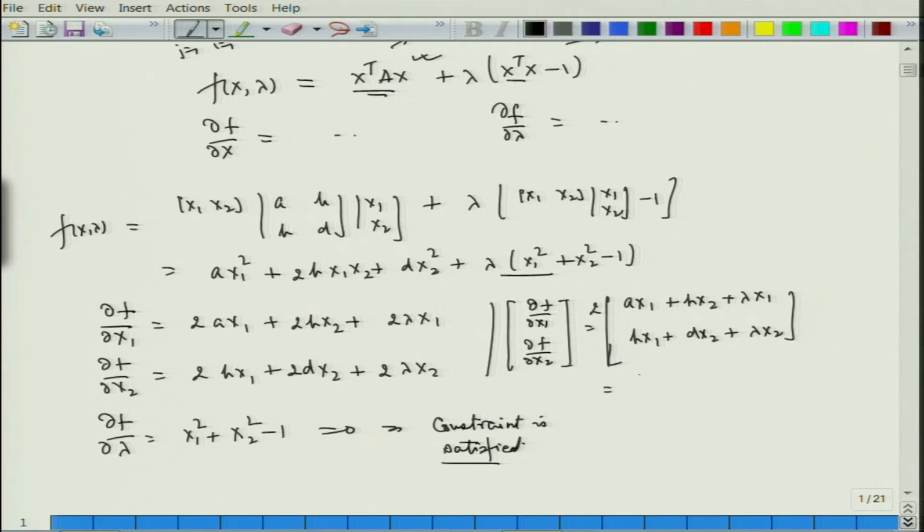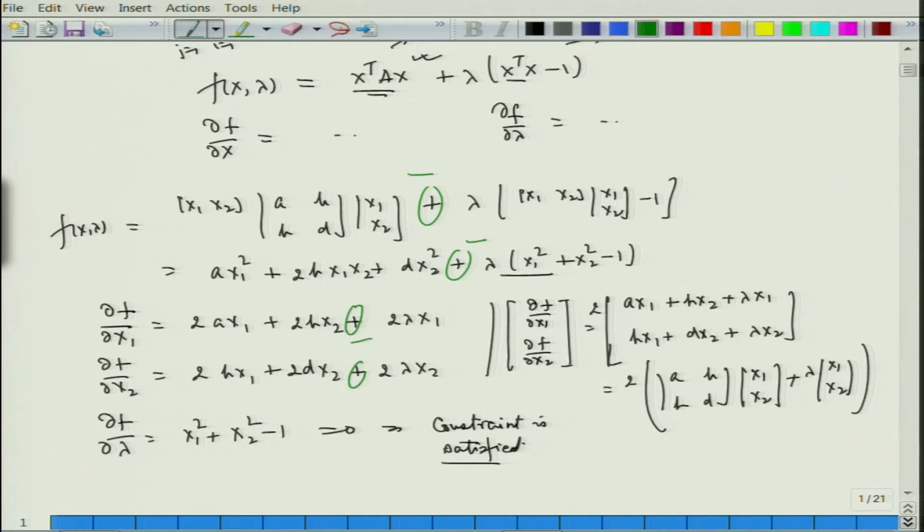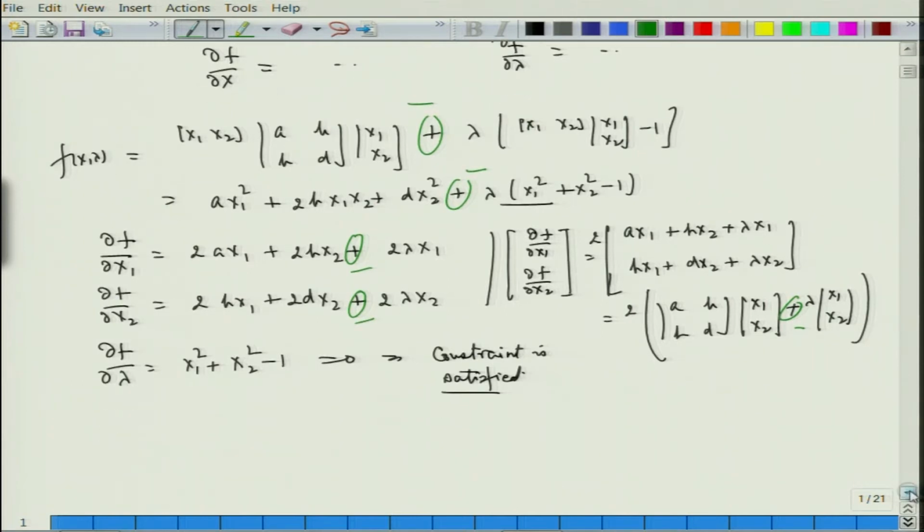So I can write it as 2 times (the matrix a, b; b, d) times (x1, x2), plus lambda times (x1, x2). Or if I change it slightly and write a minus here, there will be a minus in each place.